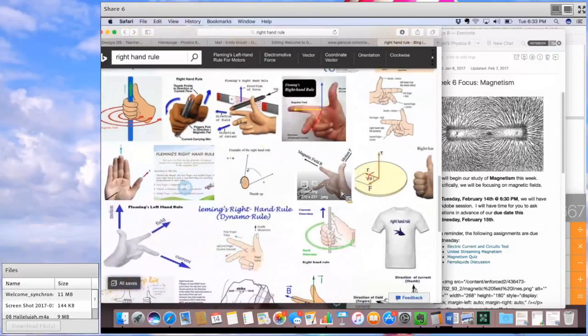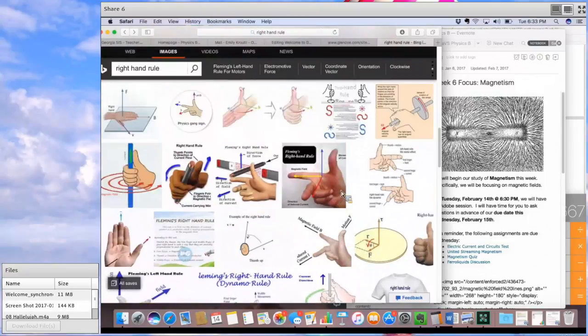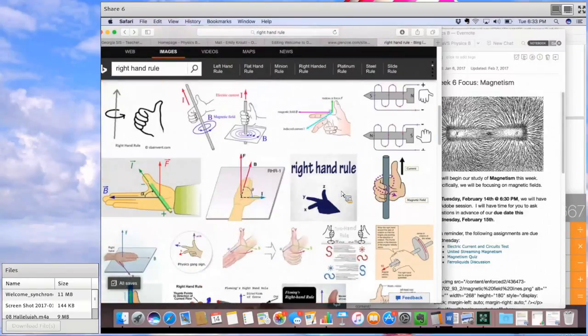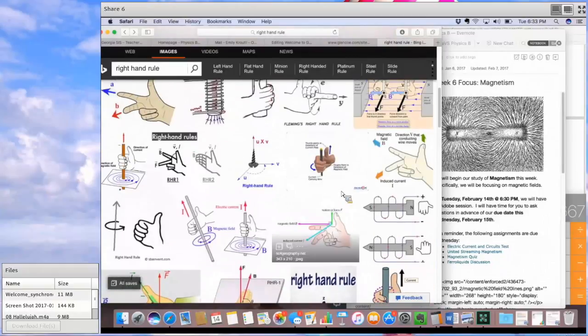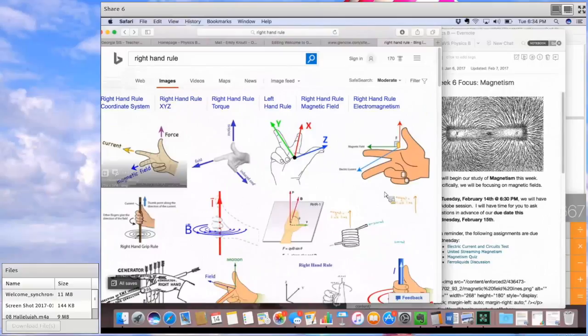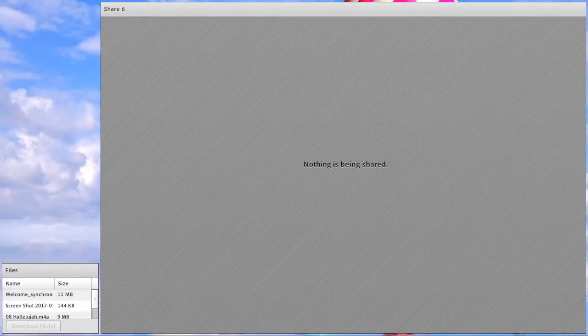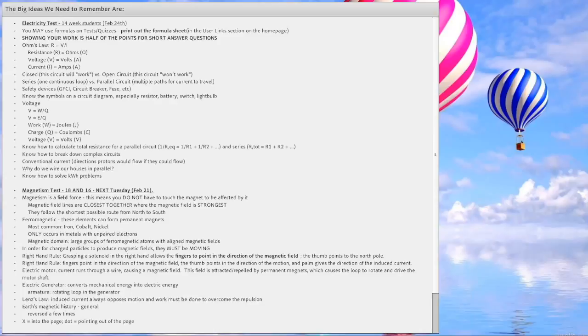I think the one that we already saw was the best one. All of these are kind of confusing, I think, so we'll just stop with the pictures while we're ahead. So, there are our right hand rules.